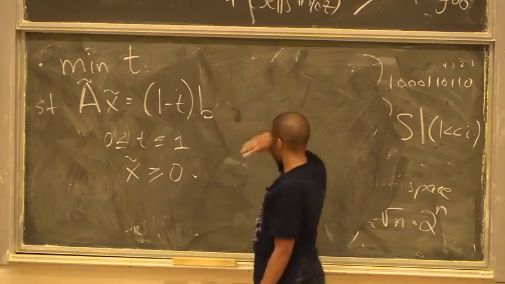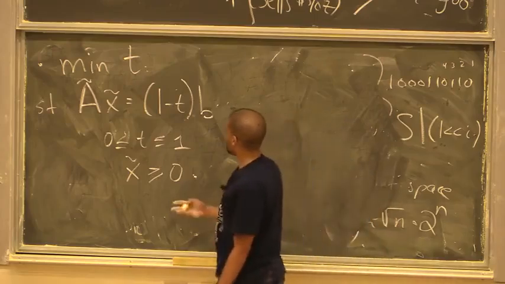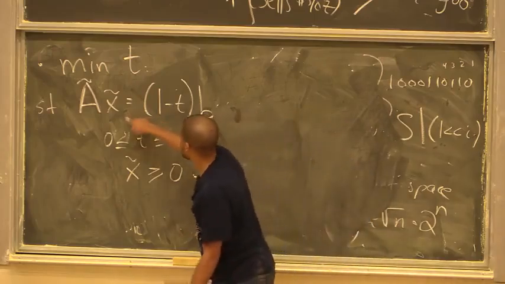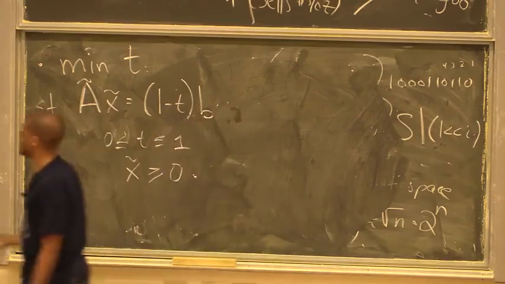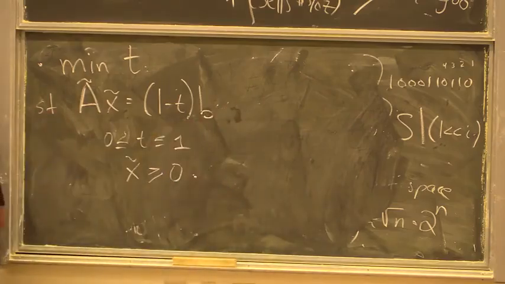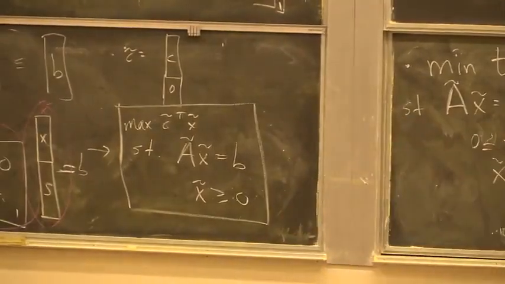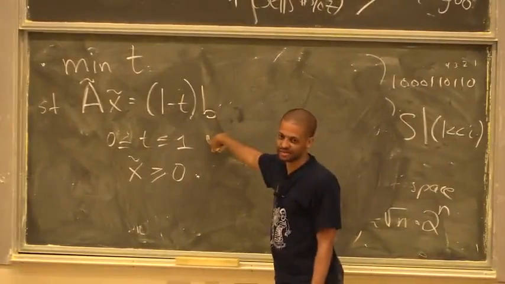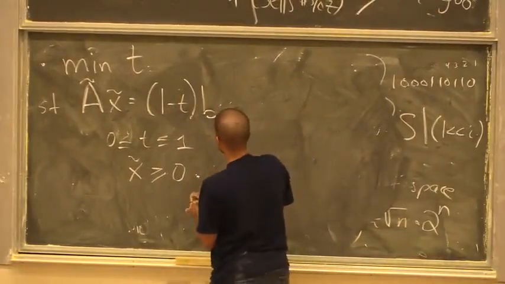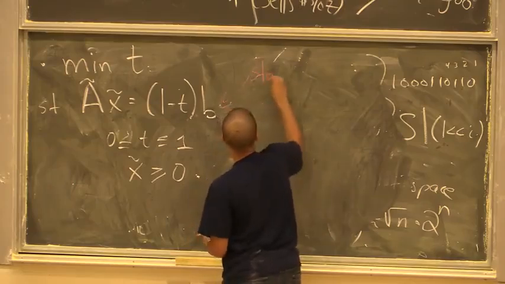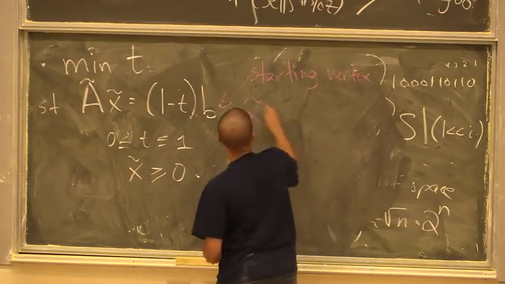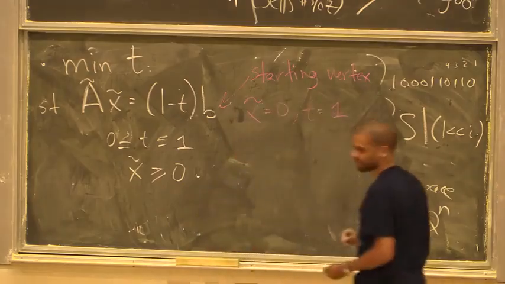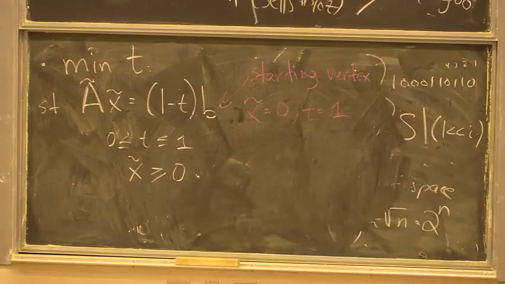Good. So that's it. So now we can say, look, once I find an x tilde such that A tilde x tilde is equal to b, I have an x tilde that actually is feasible, and then I can use that as my starting vertex for simplex here, and then run simplex greedily. But I need to have a starting vertex here. So here, what's my starting vertex going to be? x tilde is equal to 0, and t is equal to 1. Okay?